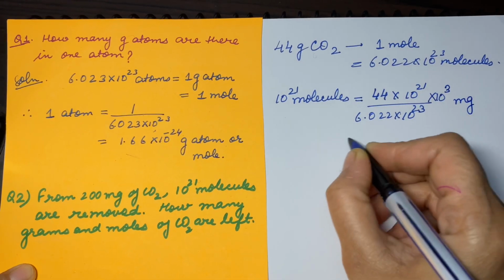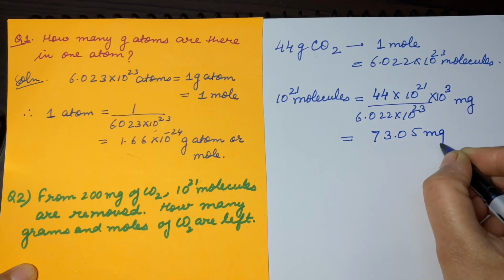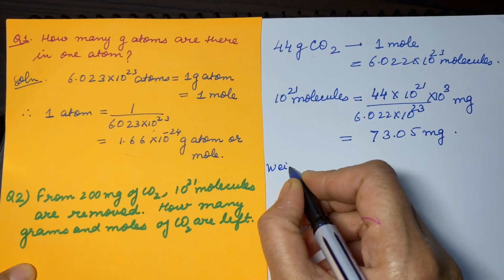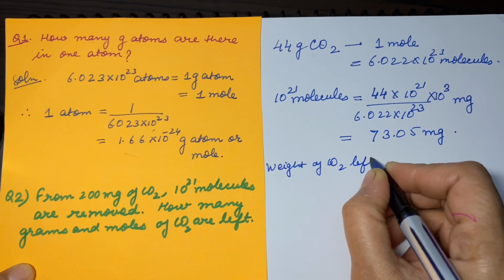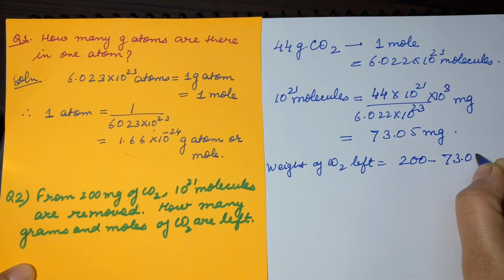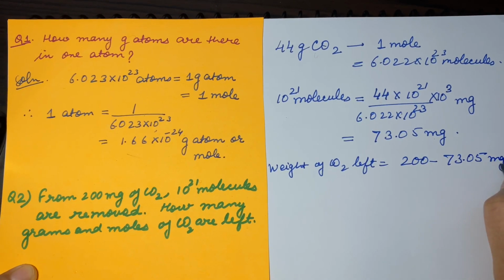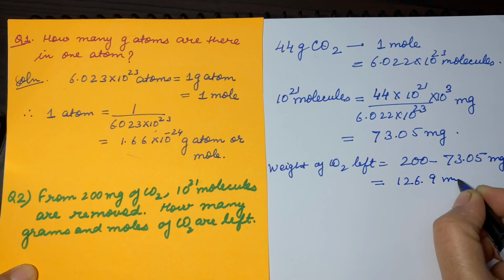So it comes out to be 73.05 milligrams. So we can say that the weight of carbon dioxide left will be equal to 200 minus 73.05 milligram, which comes out to be 126.9 milligram.